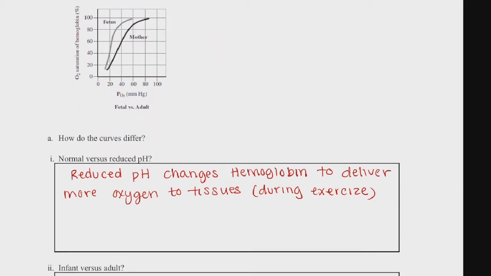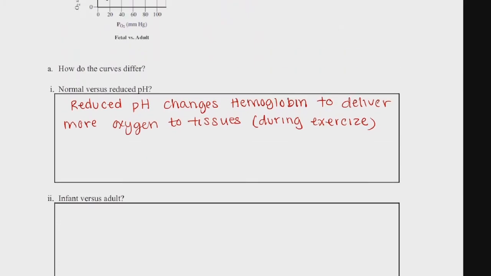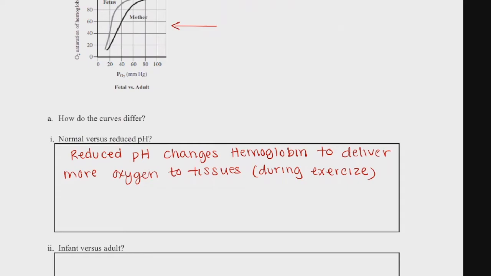All right, the next question is saying infant versus adult. For this, we're going to be looking at this graph. We can see here that the adult hemoglobin becomes totally saturated at a pressure of approximately 100 millimeters, right here. But in the fetus, it gets saturated at about 60 instead.